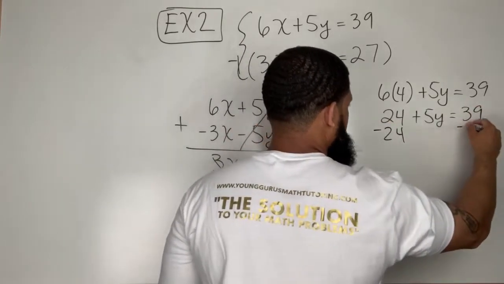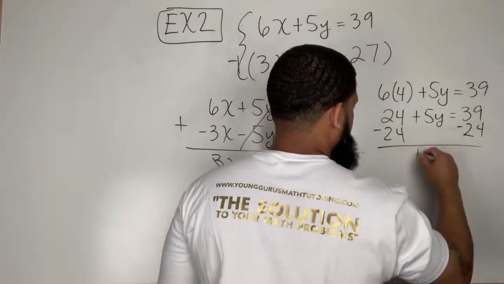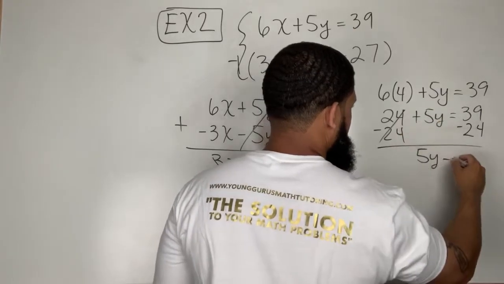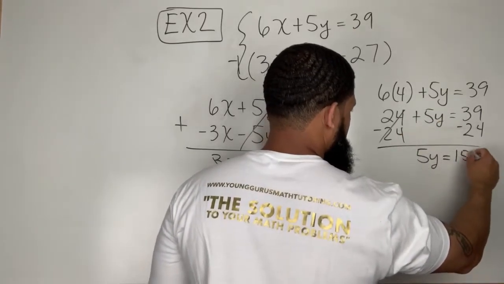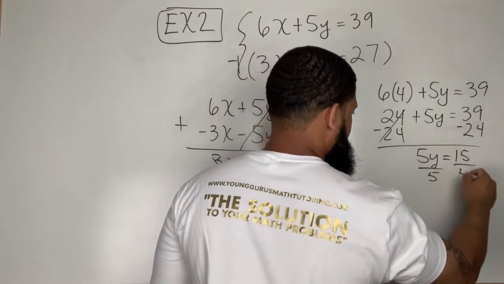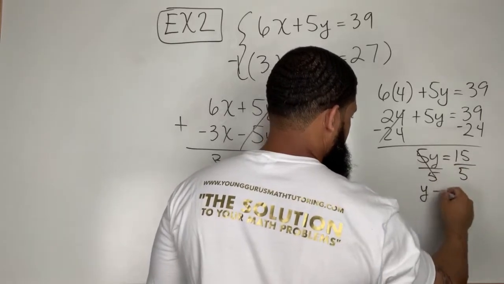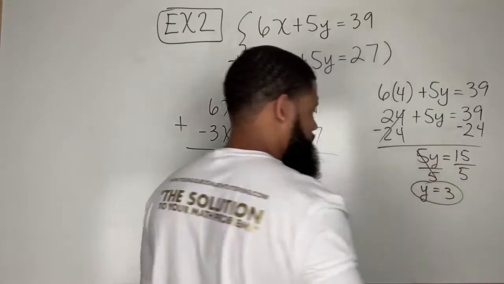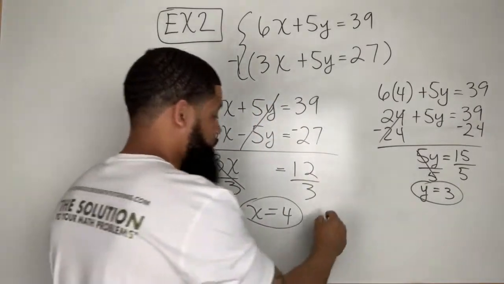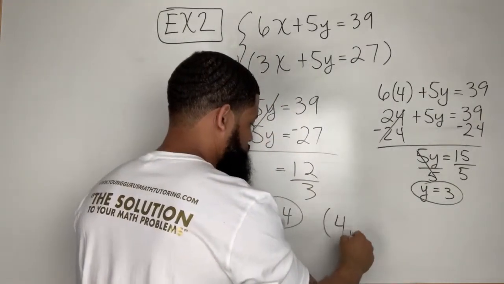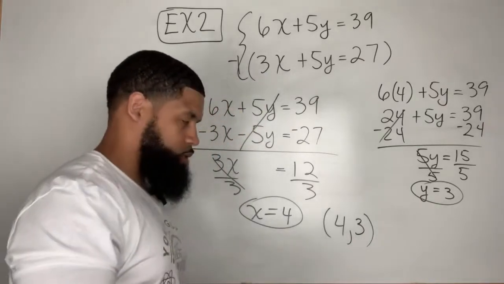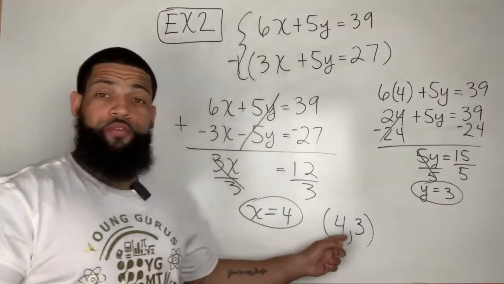Subtract 24 from both sides, 5y equals 15. If I divide by 5, y equals 3. So my ordered pair of intersection is 4, 3. That's the solution.